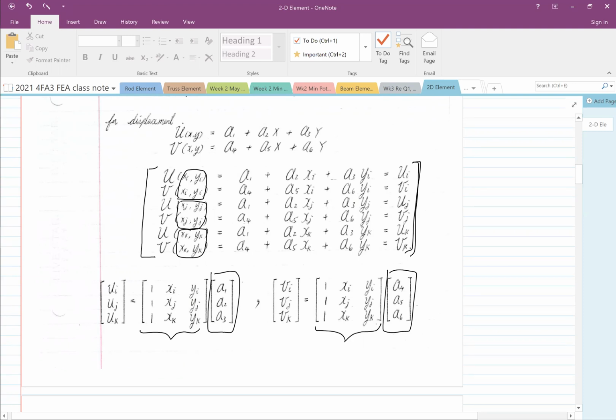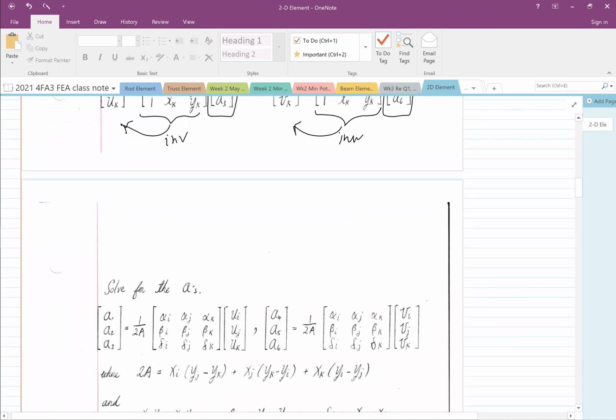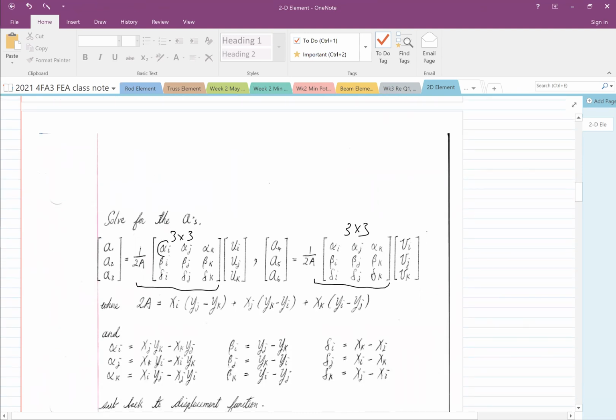We want to evaluate the constants A1, A2, A3, A4, A5, A6, right? So we invert that and put it on the other side, and you get two very, very ugly terms. Each one is a 3x3 matrix, and each term has its regular numbers.